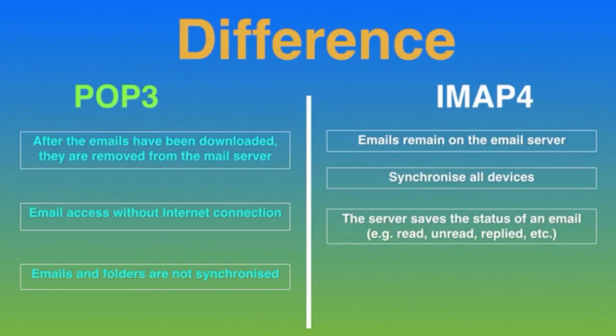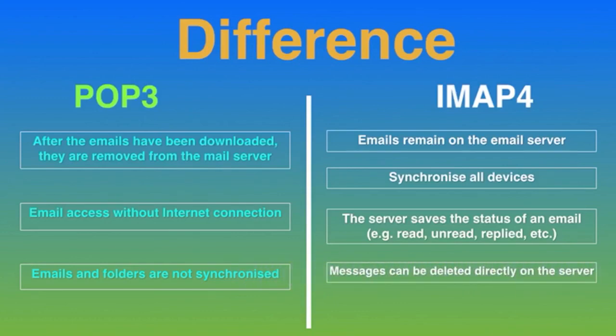The server saves the status of an email, for example, read, unread, replied, etc. This allows you to see the status from any computer. Messages are deleted directly on the server without being downloaded first. You won't lose your emails if your mobile device or computer is destroyed or stolen.